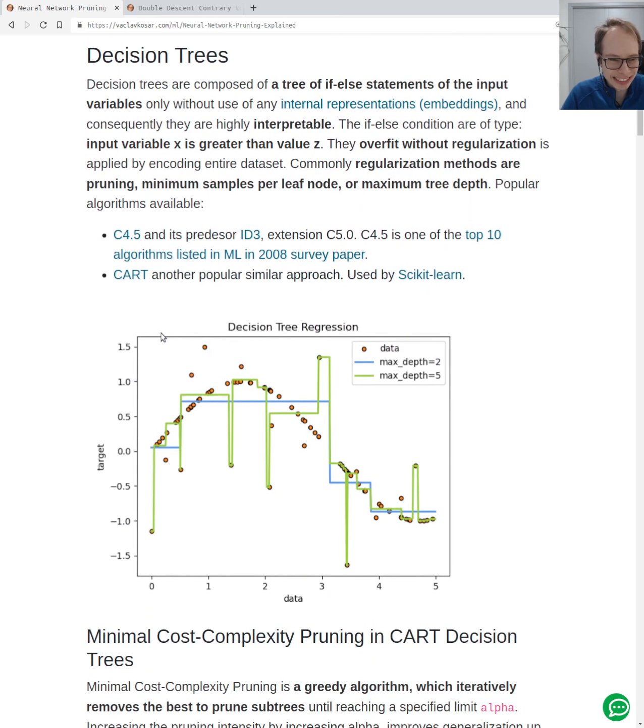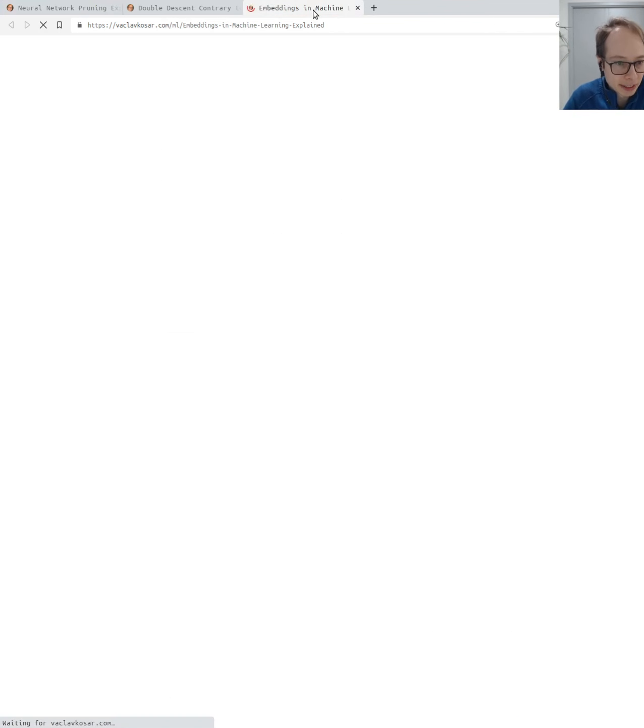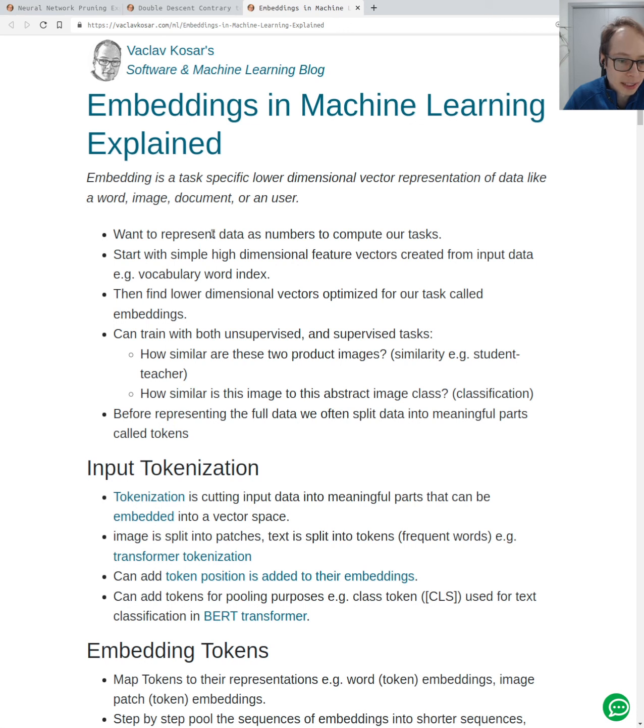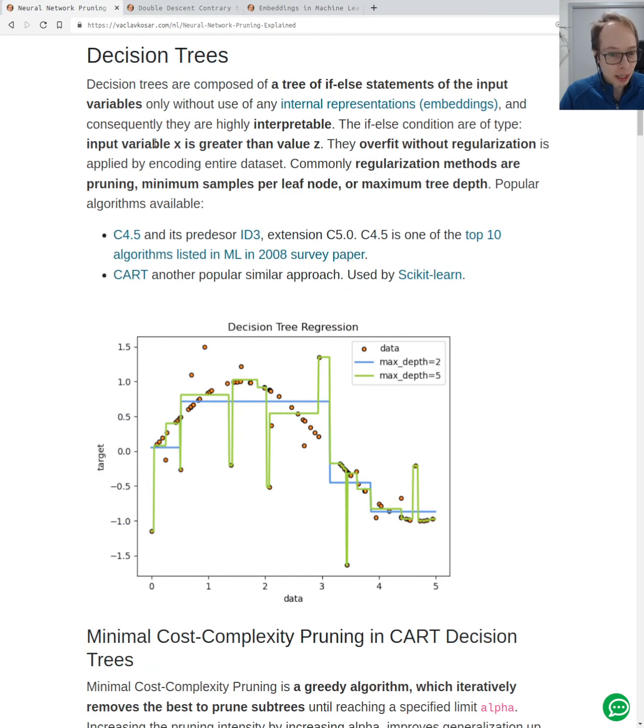Okay, what are decision trees? Decision trees are basically a tree of if-else statements, but those are only on the input variables, and they don't create any internal representations or embeddings. I have a post on embeddings here. Those are very much task-specific representations, but oftentimes the representations for one task can be useful for other tasks as well.